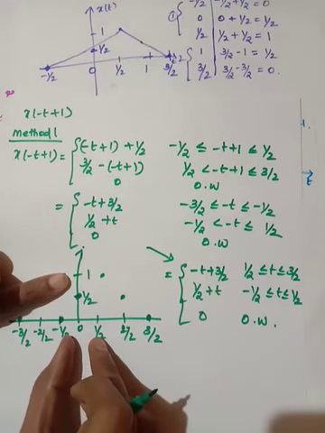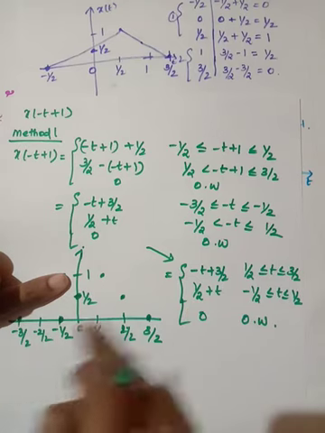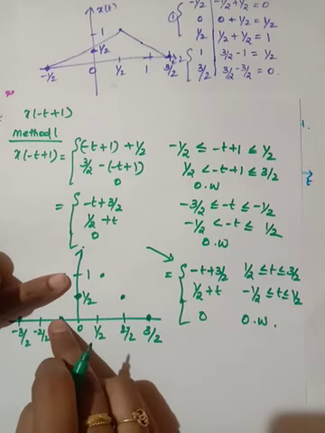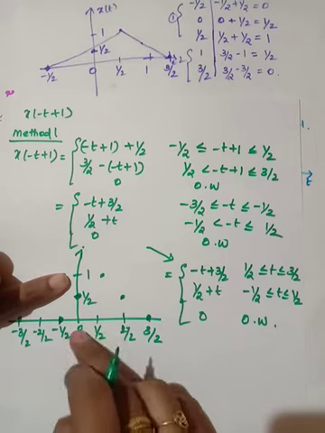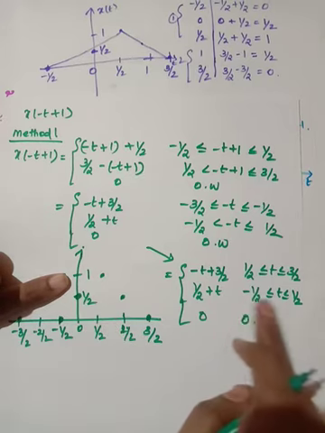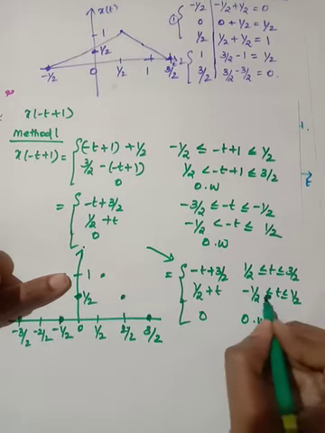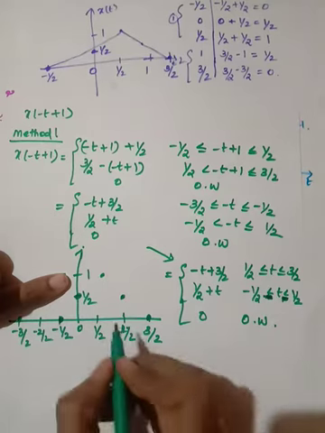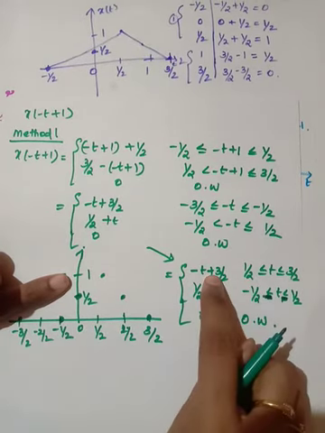Then minus 1 by 2 to plus 1 by 2, you need to consider this equation. First substitute minus 1 by 2, here it is 0. Then substitute 0 in this equation, you will get 2. So only for minus, here it is not less than, sorry, this is less than, here it is not equal. Then for 1 by 2 you need to consider this equation.